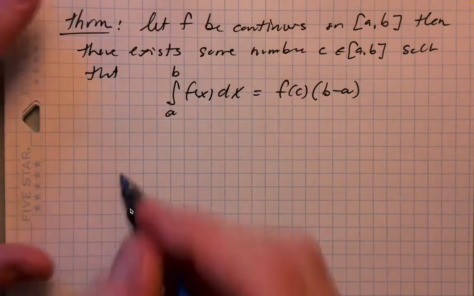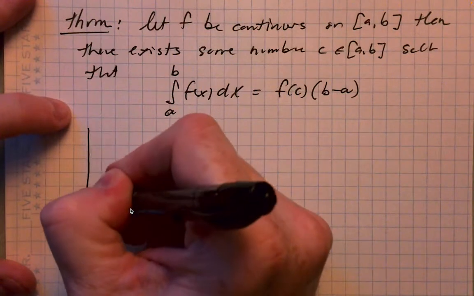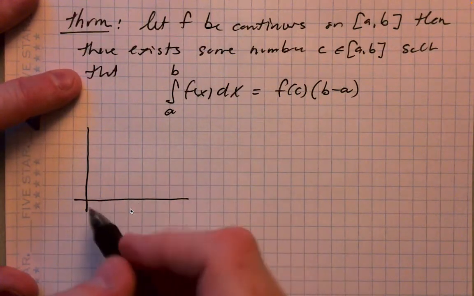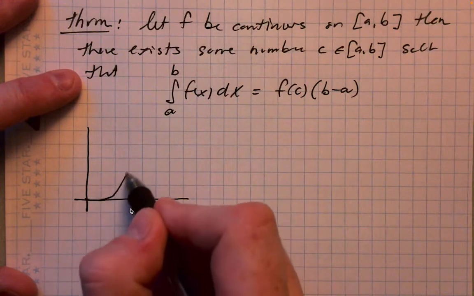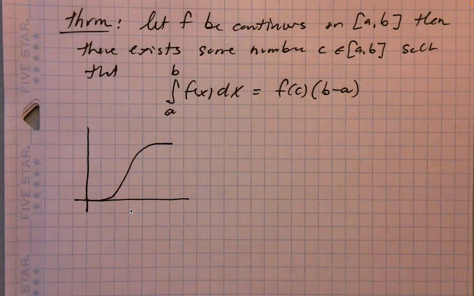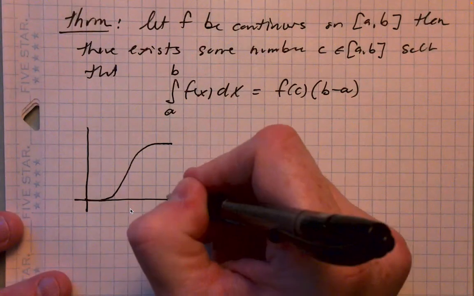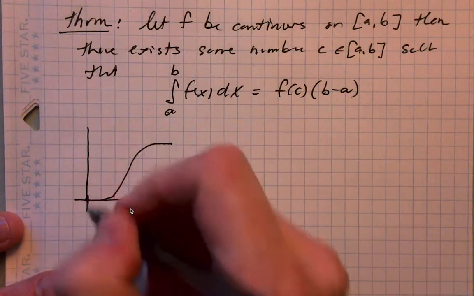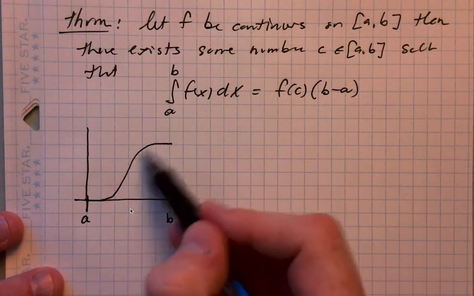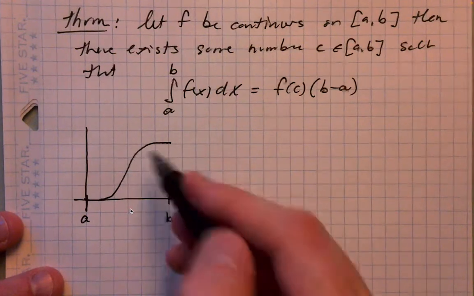So what does this mean? Let's draw a picture, because I think motivating what this is describing can be really helpful, right? So I've got some function here, and I've tried to make it look a certain way. So let's say this is a down here and this is b up here. So there's some area underneath between a and b, right?